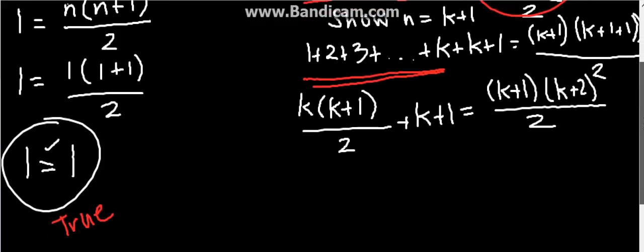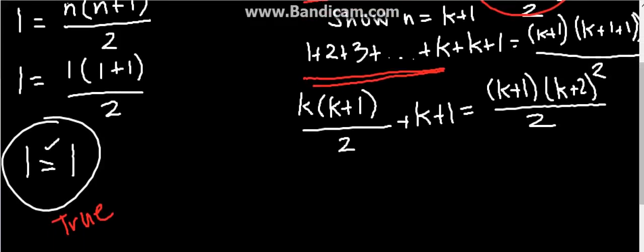Okay, so from what you can see, the other terms have a denominator of 2 except for this one. So what we're going to do is multiply that term by 1 in order to get a denominator of 2.